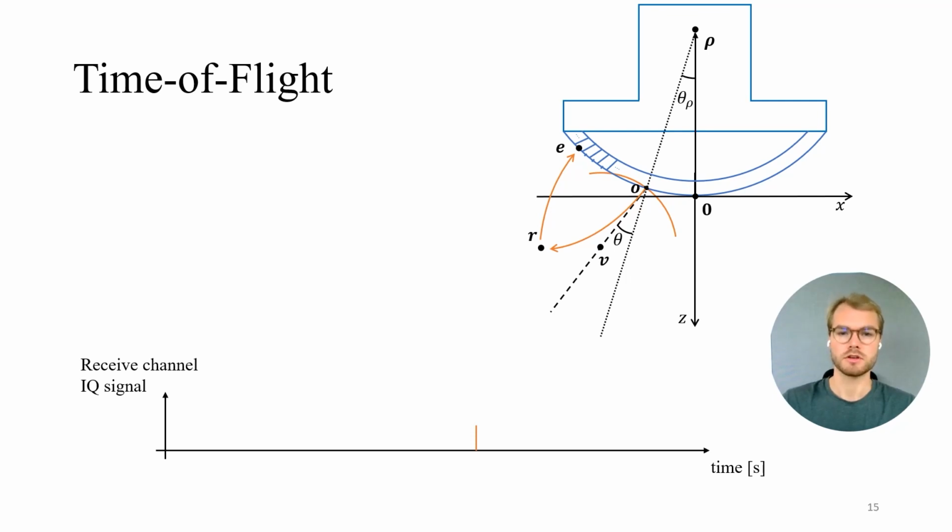For REFoCUS, on the other hand, we have multiple transmit times of flight, like this. This corresponds to the active sender elements for this transmit and gives multiple time samples in the channel data.